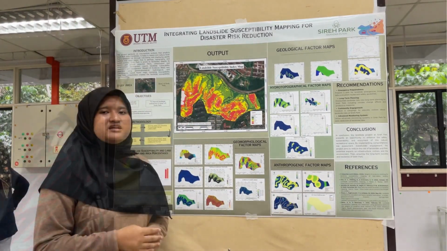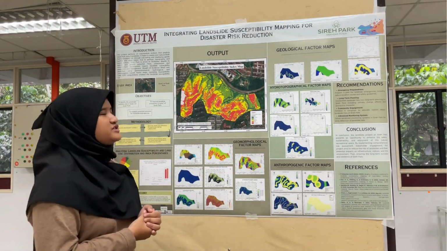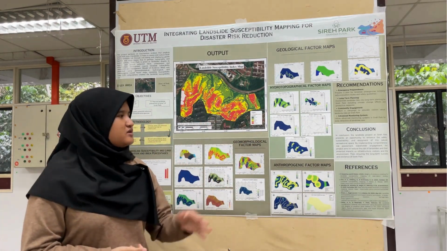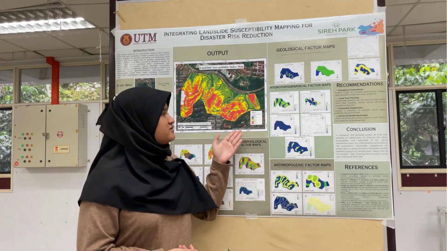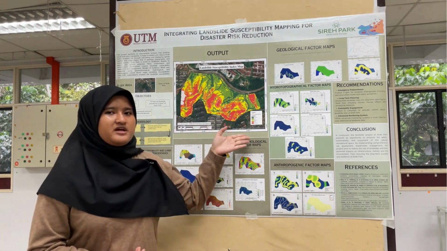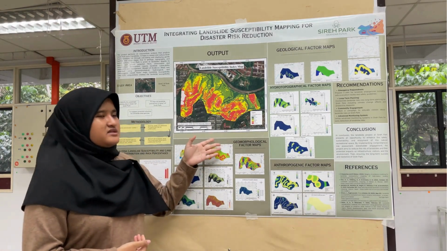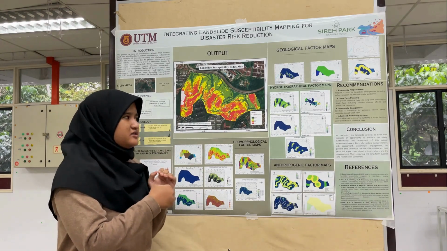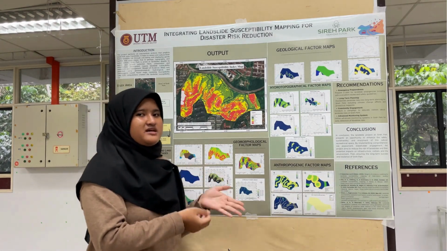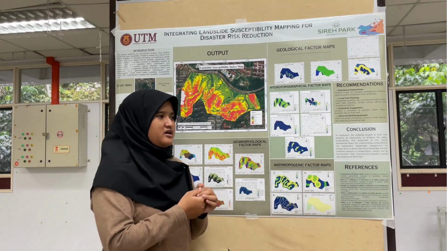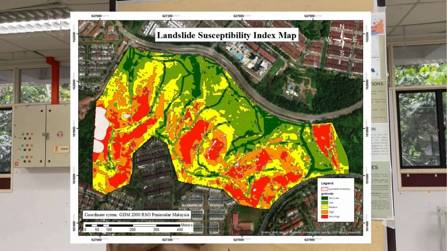That's it. Next, this is the last part, which is the output of this landslide susceptibility, which we have from the legend from very low to very high. So as we can see from the very high, it shows that the very high steepness indicates more occurrence of landslide, which has a very steep slope and geological surrounding.